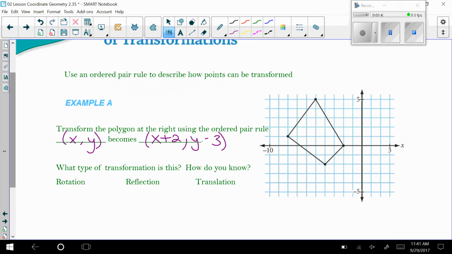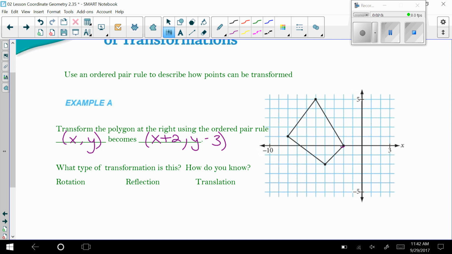And we'll talk about the general rule in just a minute. So when we do this, we want to figure out what kind of transformation this is. Is it a rotation, is it a reflection, or is it a translation? So let's use the coordinate plane to the right to actually apply this rule. So in this first one, our x is this point here.